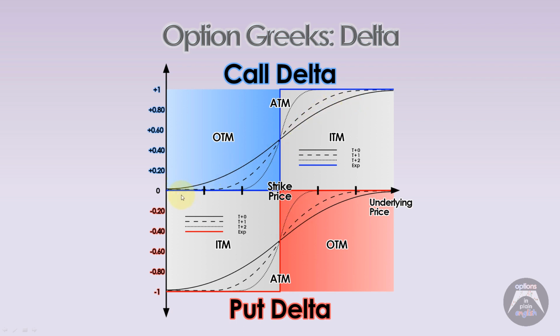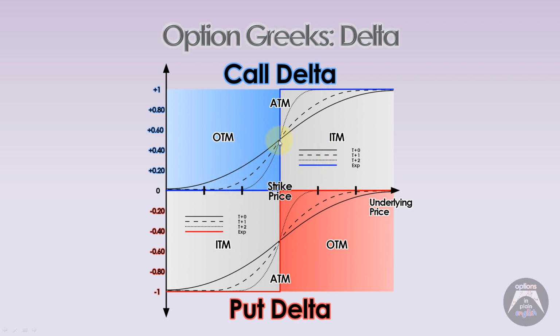So here on the top, we're going to take a look at calls. We have a fixed strike price. When the price of the underlying is at the money, it's right here. When the price is higher than the strike price, then the option is in the money, and when it's lower, it's out of the money.